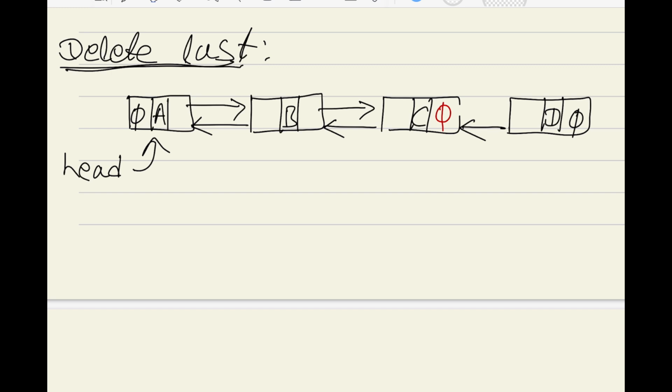So, how to do this? For this you can find the tail node or the last node, and after getting the last node just make the next of its predecessor to null. That means just make the next of C to null, or you can say just make the previous node's next of the last node to null.